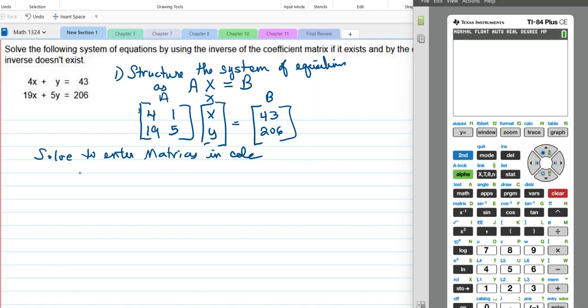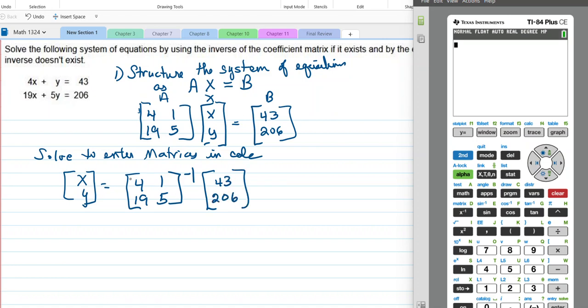All right. So we know then that XY has to equal 4, 1, 19, 5 inverse times 43, 206. Now remember, the rows have to match the columns, and they do. So that's why we have to do it in this order specifically. So we're going to enter now in our calculator, second matrix, edit, and they're 2 by 2s.